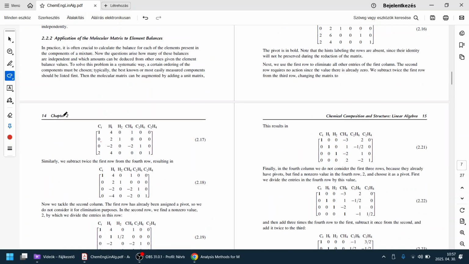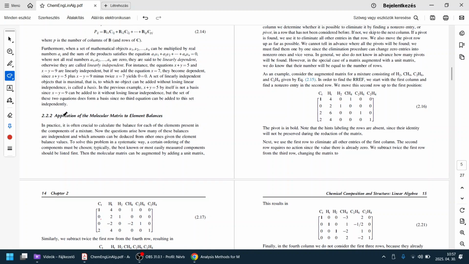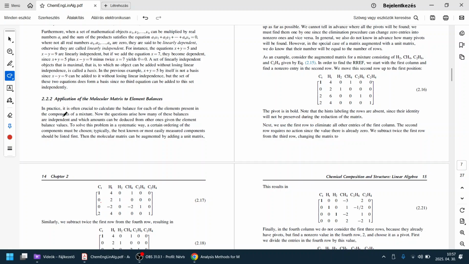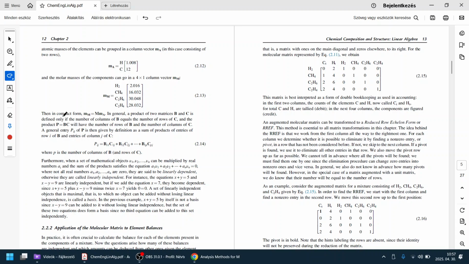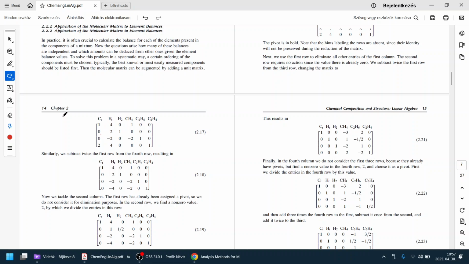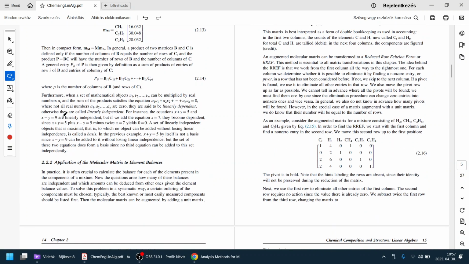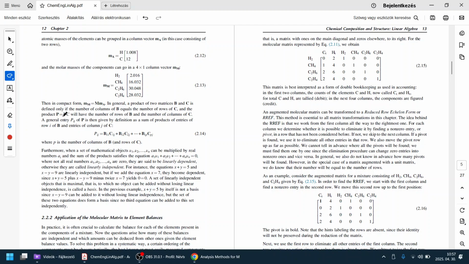No, wait, here. Okay, not a half hydrogen. I have a half methane. Okay? No half methane. What is it? Something is wrong.